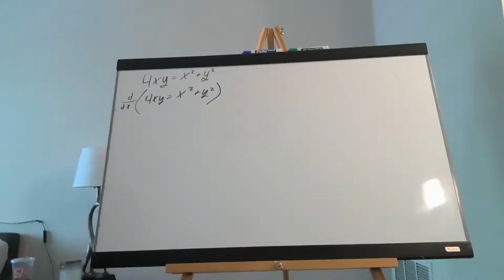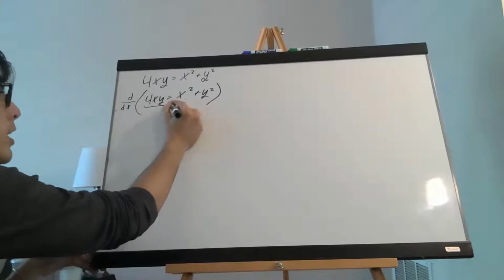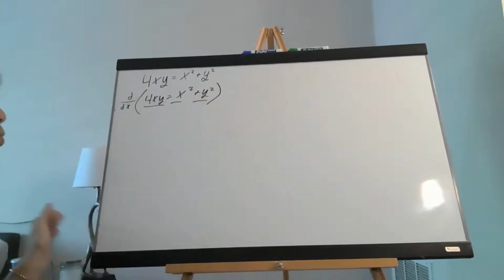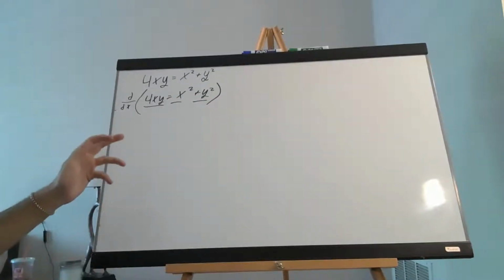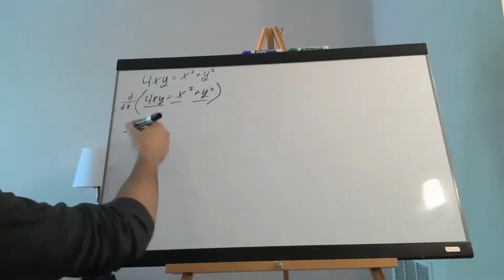Now, constants can be annoying. So what we're going to do is take the derivative of 4xy, x squared, and y squared, and then plug back in those derivatives and solve for the term dy/dx, because we want to isolate that by factoring, and we'll get into that in a minute. First, let's just take a look at the problem.